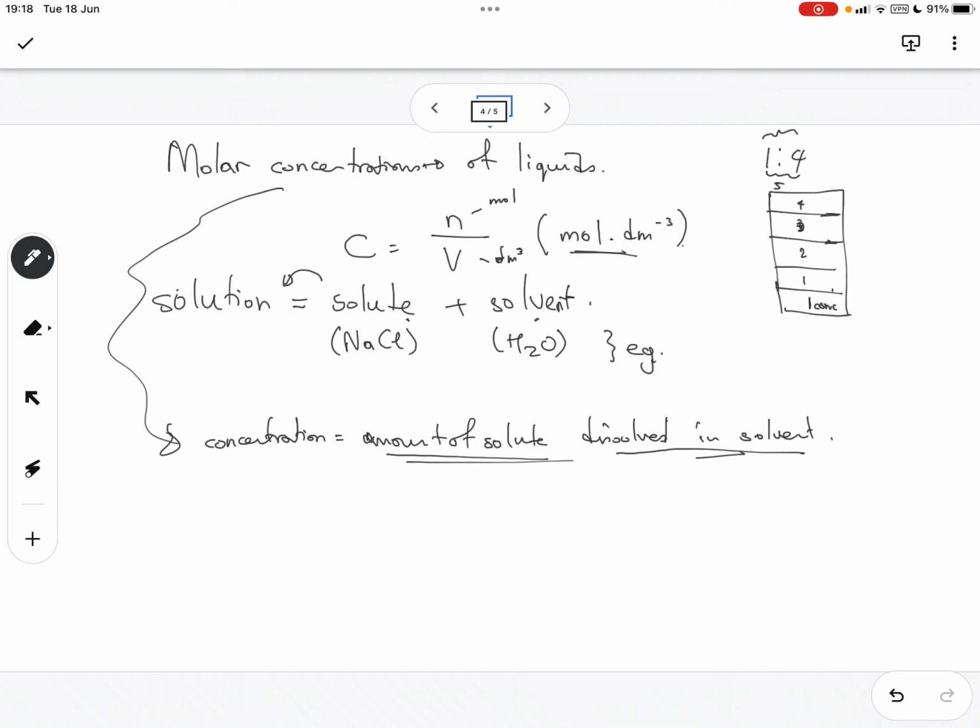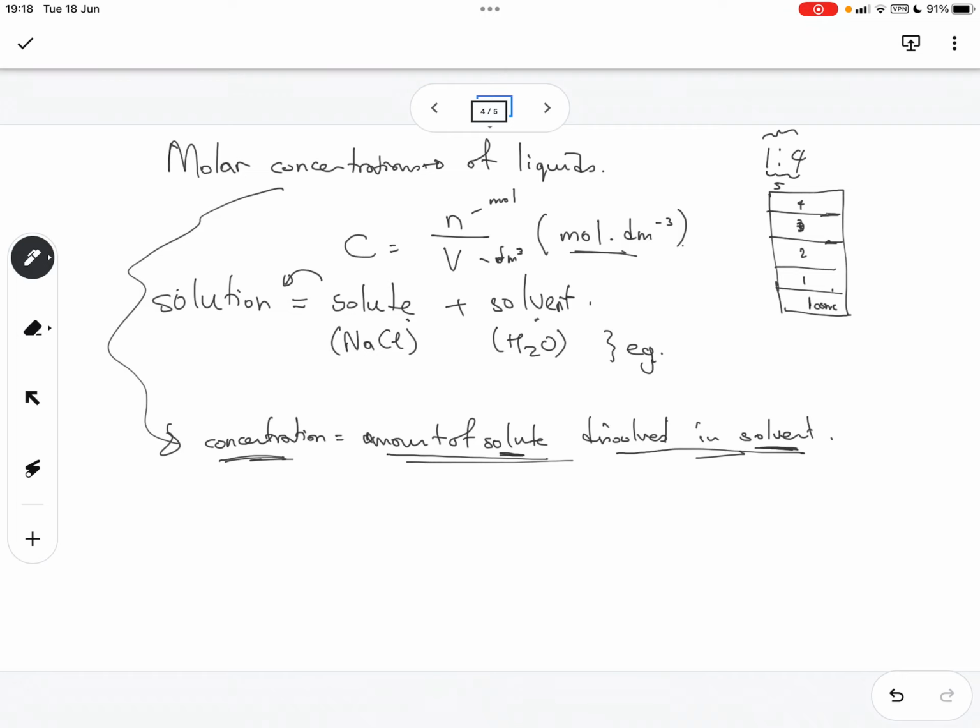If you don't put as many spoons of coffee in, it doesn't get as concentrated. So concentration simply means the amount of solute, or that which you will dissolve, in a solvent, the solvent being that which dissolves your solute.